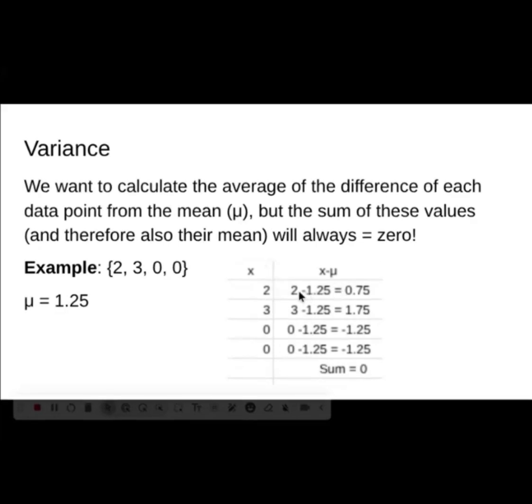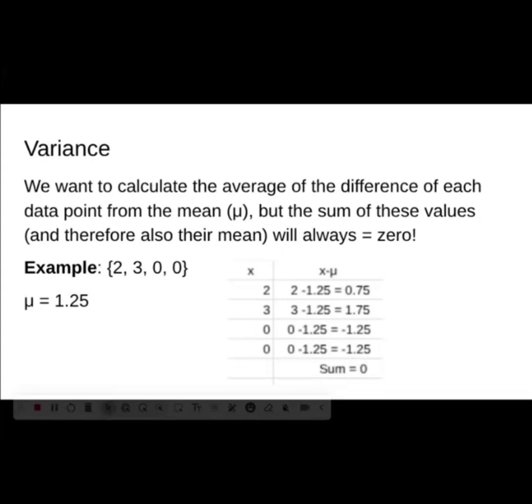So we take 2 minus 1.25 is 0.75, 3 minus 1.25 is 1.75, 0 minus 1.25 is minus 1.25, and again minus 1.25. Sure enough, the sum of these is 0. And that's what you get for any data set. It will always be 0.